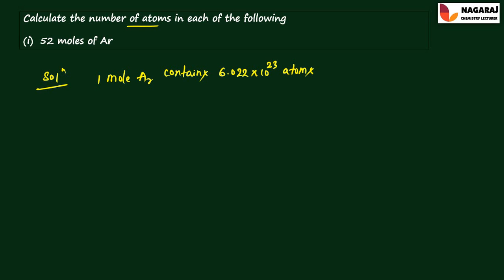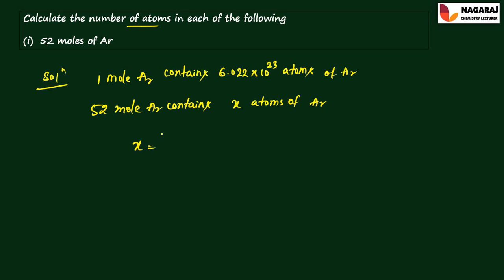So first we have to write this standard statement for 1 mole of argon. So 1 mole of argon contains Avogadro number of atoms. So we have to calculate how many atoms are there in 52 moles of argon. So 52 moles of argon contains X atoms of argon.